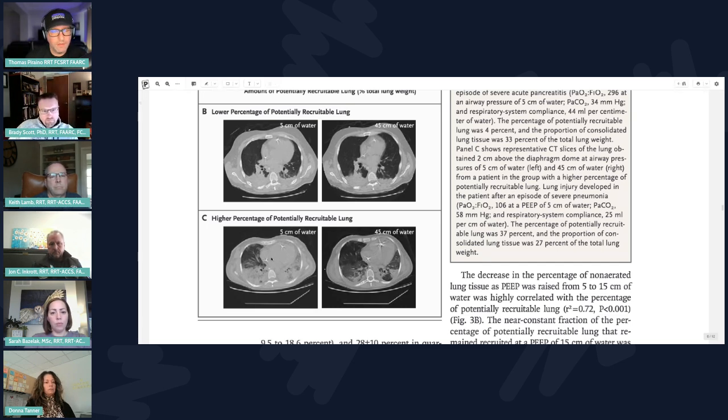So again, the whole idea of driving pressure is that it's normalized to the size of the lung. Putting 6 mils per kilo in this patient is different than putting 6 mils per kilo in this patient, and therefore the resulting injury is going to be greater. There may be some potential benefit of PEEP in this patient, but you're still dealing with a significantly smaller volume within the lungs to receive the volume you're sending. So we focus a lot on 6 mils per kilo of predicted body weight, but it may not be appropriate for all patients based on the size of the lung.